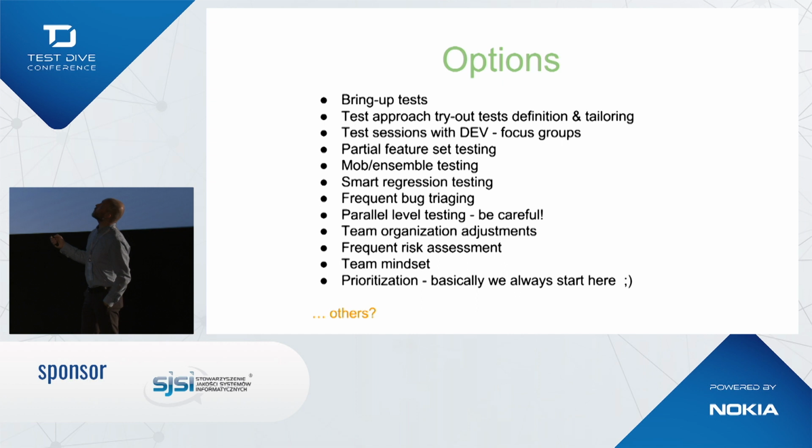Then we have test sessions with developers. Let's do the test sessions with developers early, before they finish or when they just create the software. Why not? Maybe we could already do this partial feature testing earlier. We have to perform this at the end of our release time, but maybe we could do this even before.